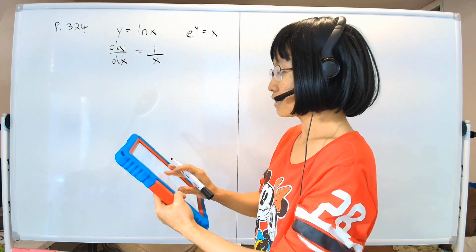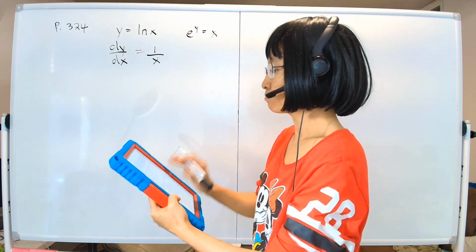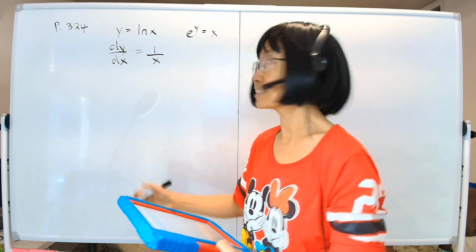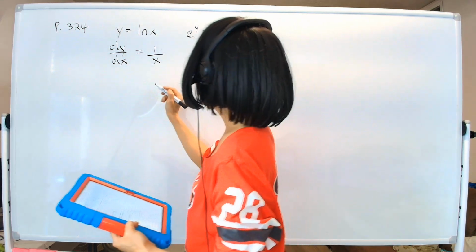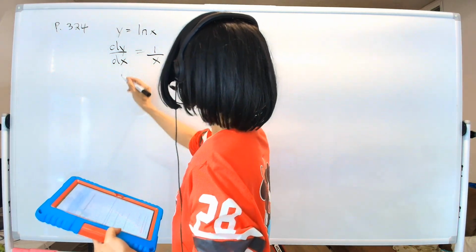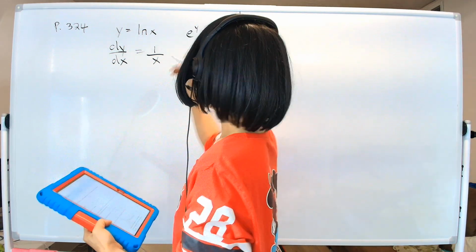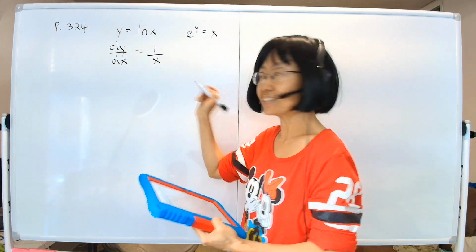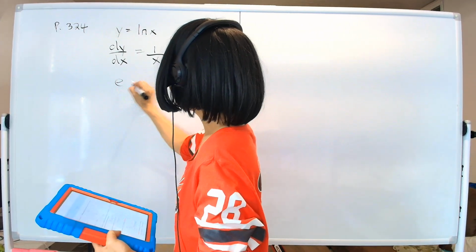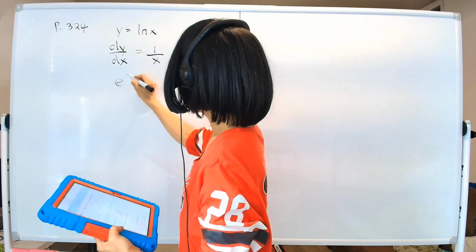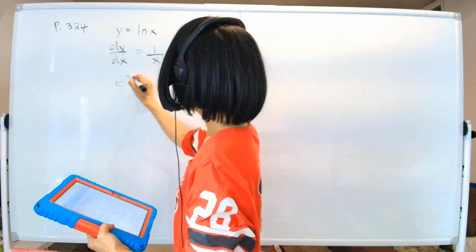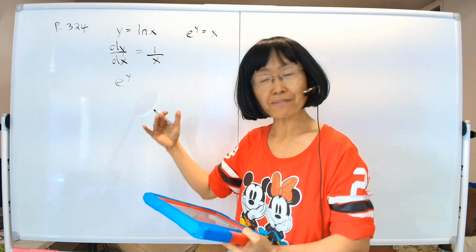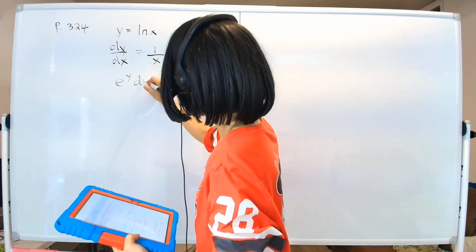Now, having said that, we'll differentiate both sides of this equation. The derivative of e to the y is e to the y, and then the derivative of y with respect to x, multiplied by dy/dx.